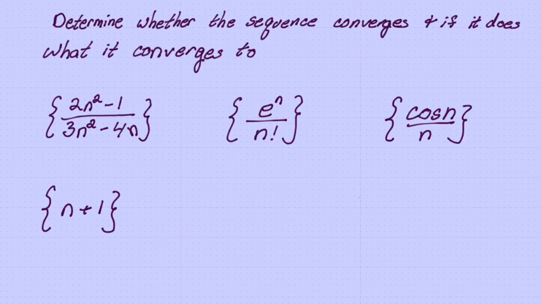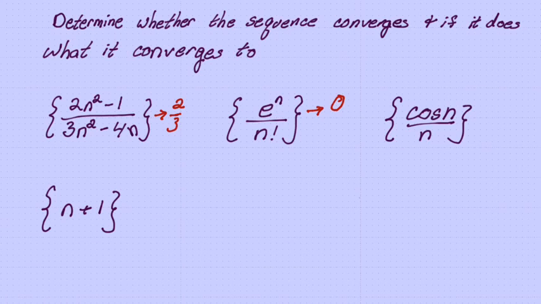So what does the first one do? Yeah, the first one goes to 2/3. What about the second one? It goes to 0. Remember what we talked about? Eventually, n is going to get so large that it is bigger than whatever the base of that exponential is. So in this case, n equals 3.